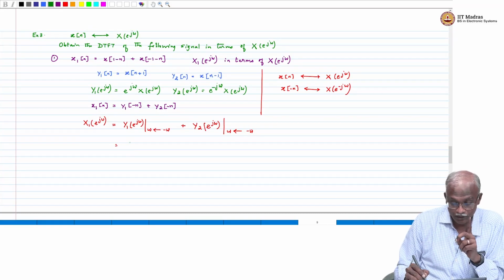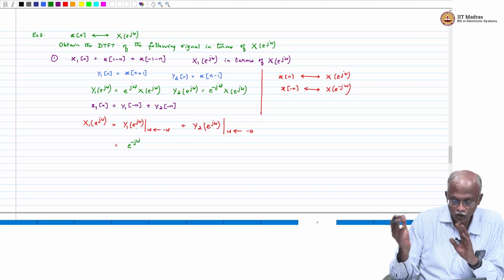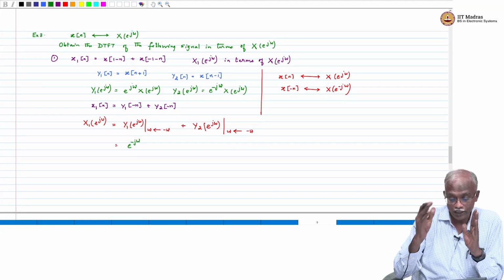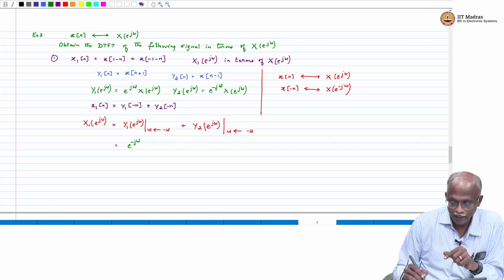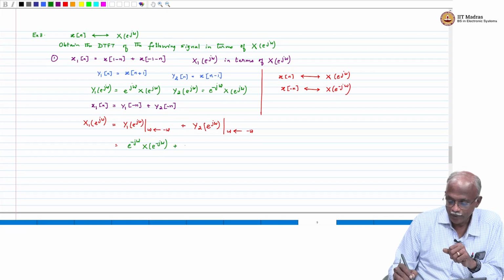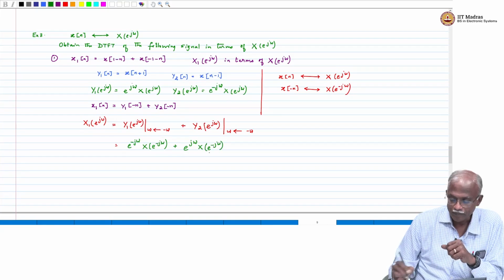This is where you have to be careful. Wherever there is omega in the expression for y1 e of j omega, you must replace it. So, e power minus j omega times x e power minus j omega. Second term will be e power j omega times x e power minus j omega.